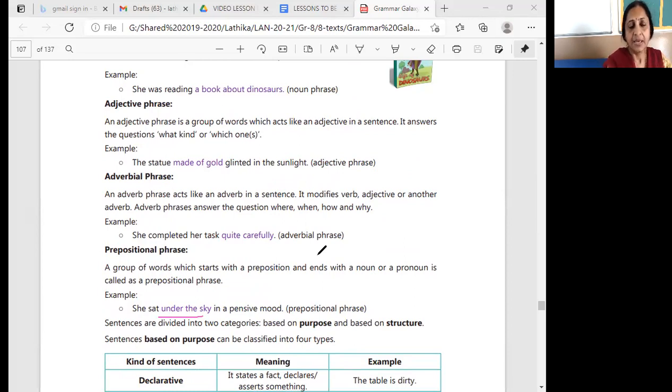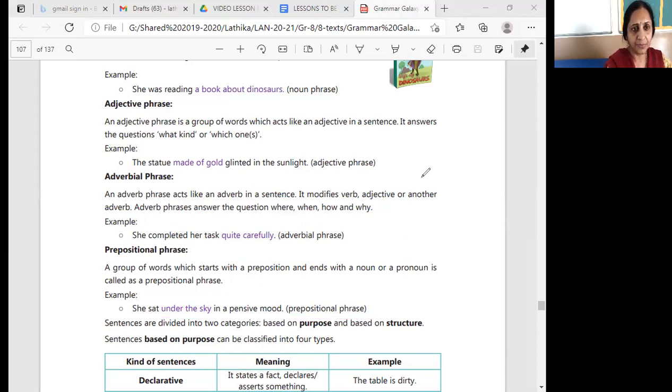They're telling you where she sat, the position. She sat under the sky. Even though it is a group of three words, it is showing you the position of where she sat, so it's acting as a preposition. Instead of one word, they're using three words to describe the position. That is why it is called a prepositional phrase.